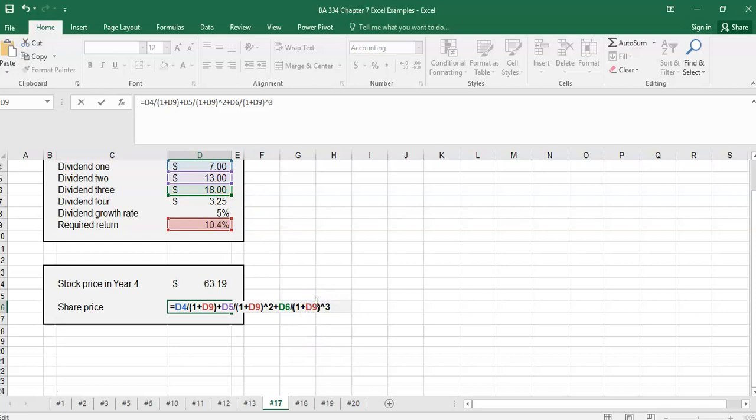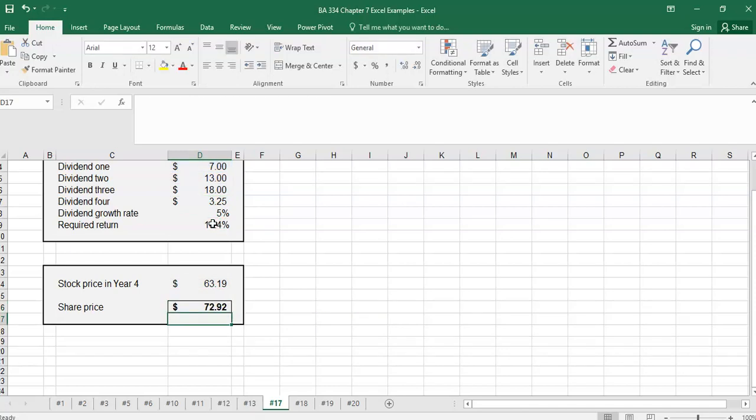Close my parentheses. Plus the year 4 price divided by 1 plus the required rate of return to 4 years. So the share price today will be $72.92.